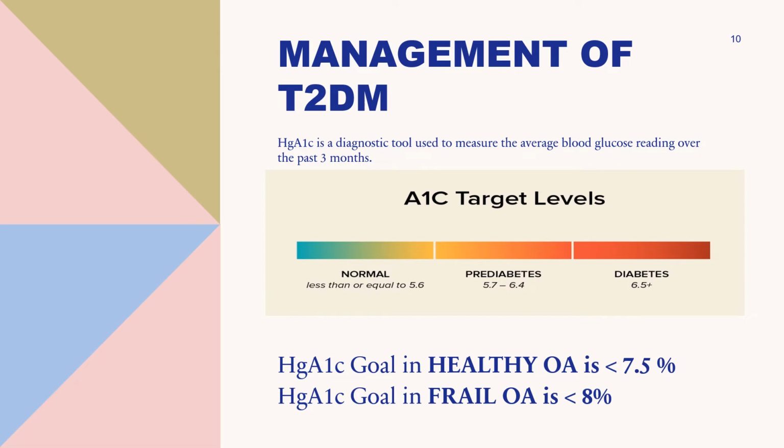But again, I want to talk about the older adults. Like I said earlier, we want to avoid hypoglycemia in these patients. Yes, we want to control their blood sugar, but we don't want to control it so well that they're hypoglycemic, because then we get problems with older adults. When we get diagnosed, whether it's a young person or an old person, we begin treatment, which starts, of course, with lifestyle change.